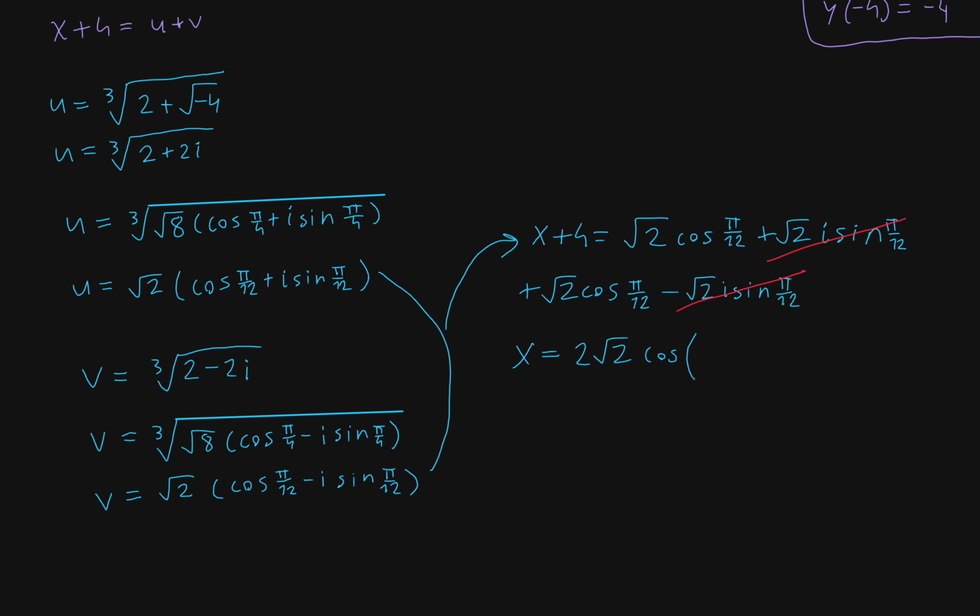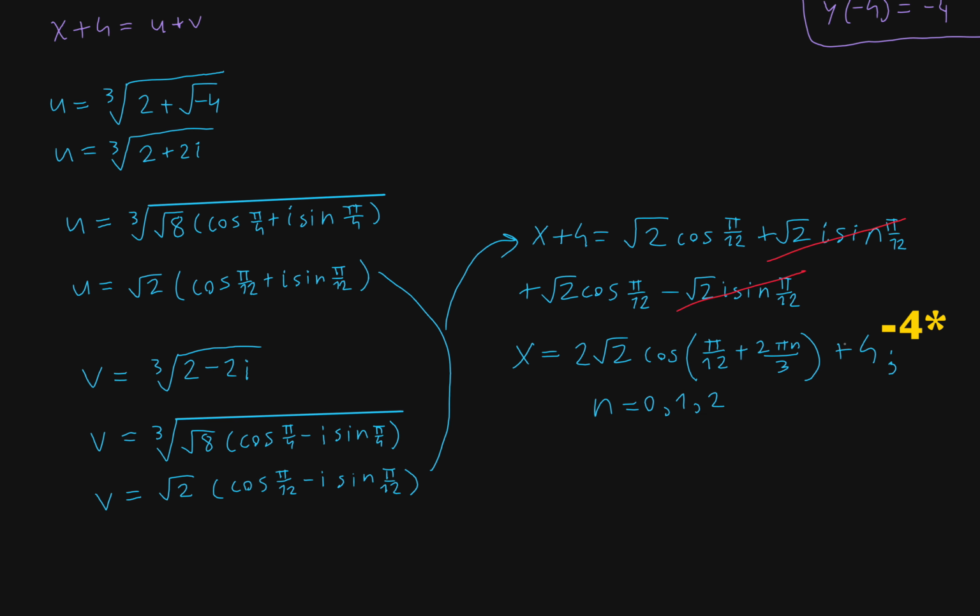cosine. We're going to have to include the periodicity of these solutions, because in the normal formula there's only one area to get started. Here we're going to have cosine of (pi over 12 plus 2 pi n) over 3, right? So this was technically here from the start. I just like to include it on the last line where we get our solutions. This was also divided by 3. And then plus 4. So it's going to be for n is equal to 0, 1, and 2.